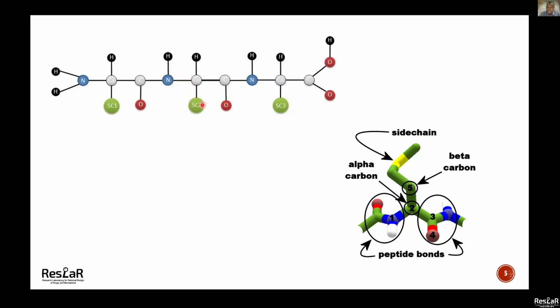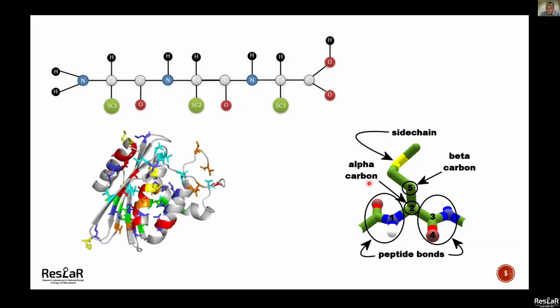So when you are looking at this amino acid, it's important to know that the bond between this nitrogen, carbon here, and this carbonyl group is stiff because it's an amide bond, right? It is stiff. And then most motions that this residue is going to undergo will be heavily dependent on the flexibility of the side chain. That is important. And that is what is illustrated here. You can see the alpha carbon at carbon number 2.